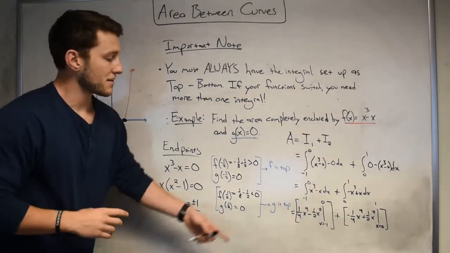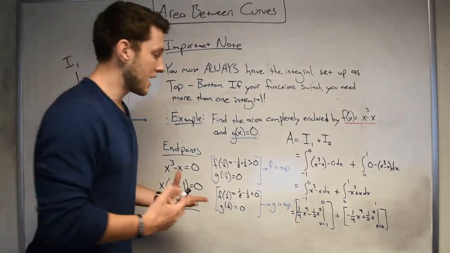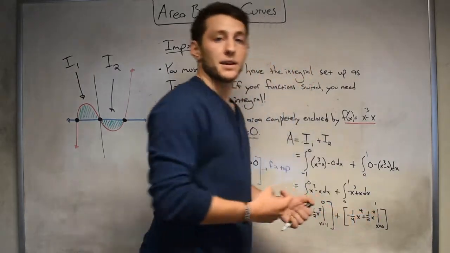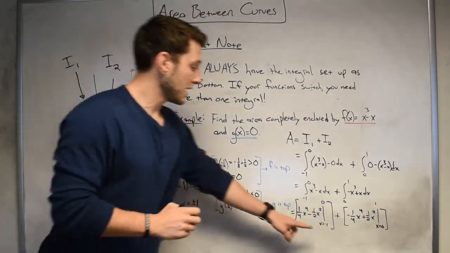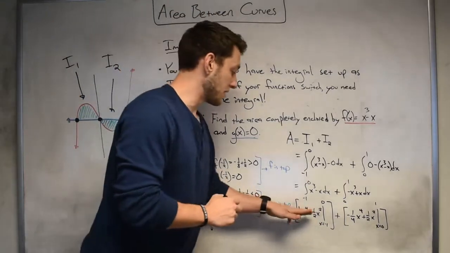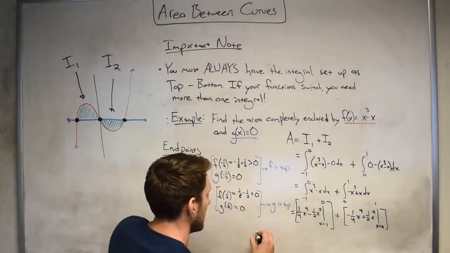Now I'm putting these brackets around because it's important that we solve these out individually and then add their answers together. So for instance, if I plug in -1 over here, or 0 over here, I'll get 0.